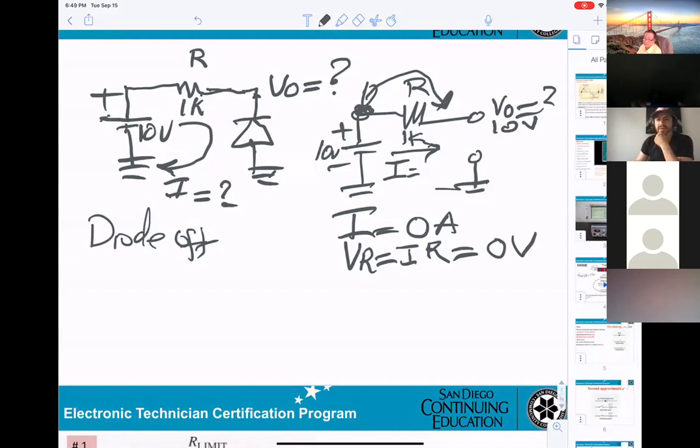Oh, that's why. Okay, now I understand. 10 volts, but no current. That's a normal question you get in a technician job interview. If you say 0 volt, they send you back to school.